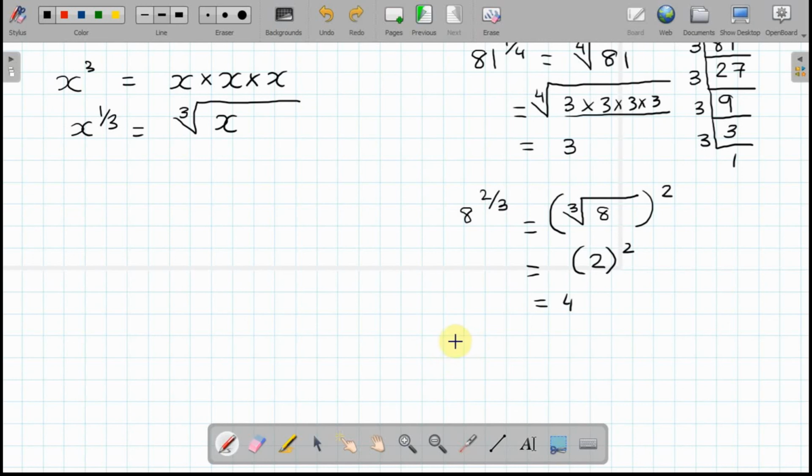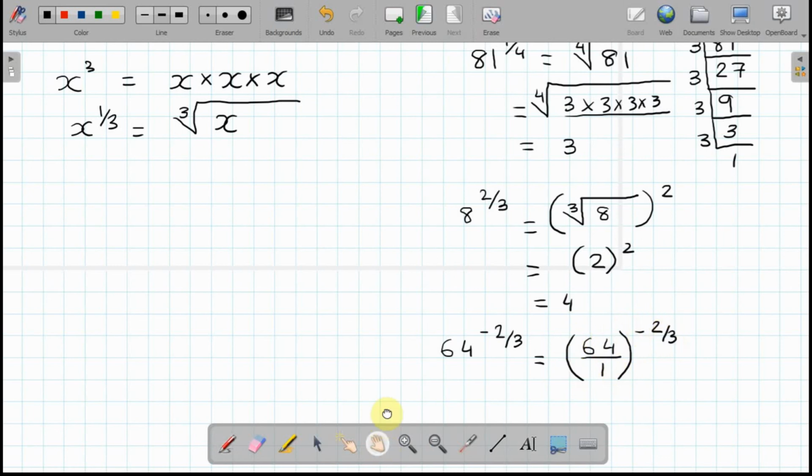Now let's make it a little bit harder. Let's use a different number. 64 to the power minus 2 over 3 now. When I've got a negative power, whether it's a fraction or a whole number, the first thing I need to do is get rid of the negative power. So I'm going to write this first as a fraction, 64 over 1 to the power minus 2/3.